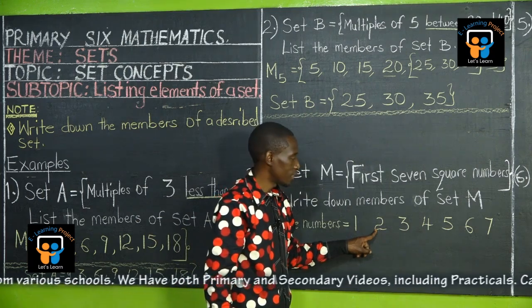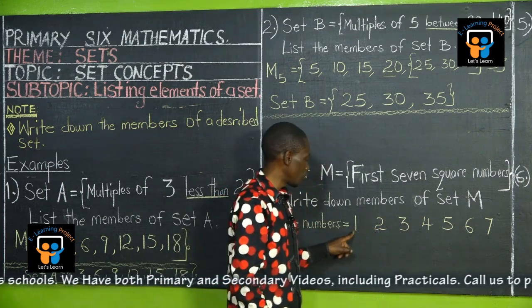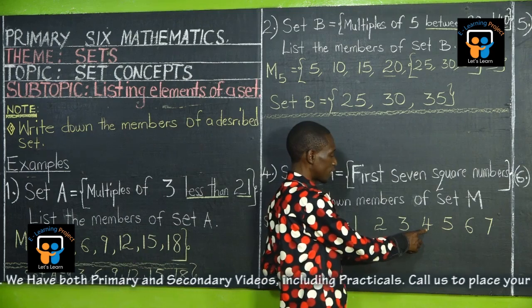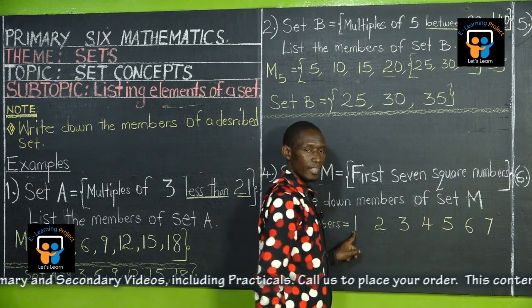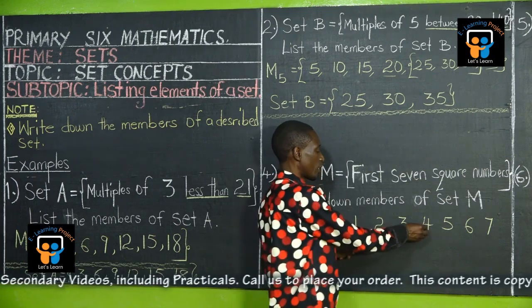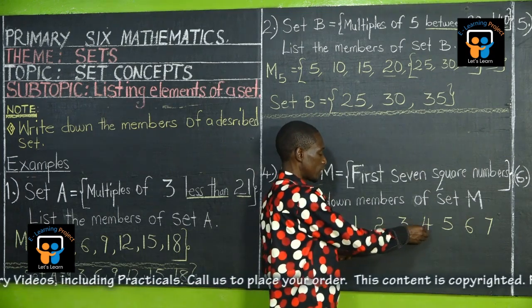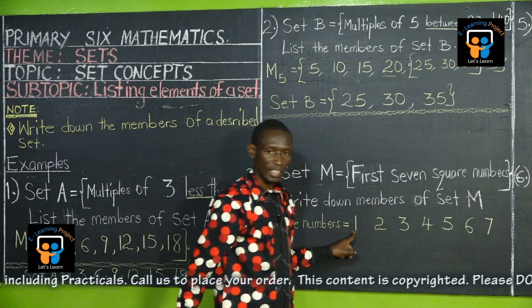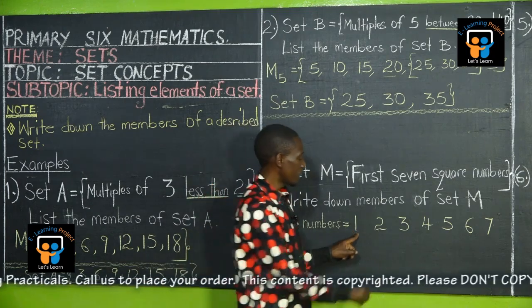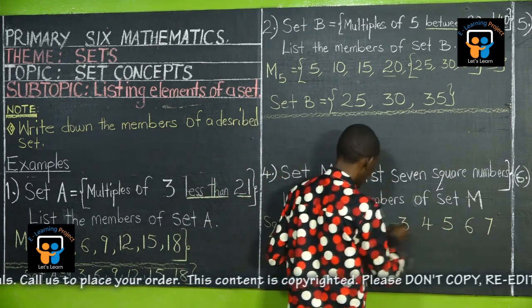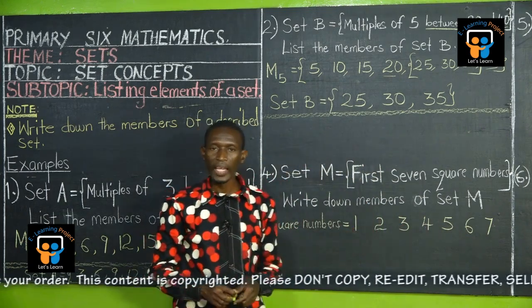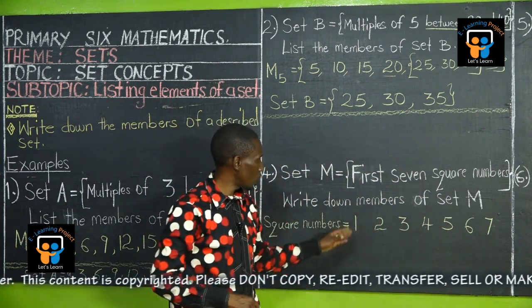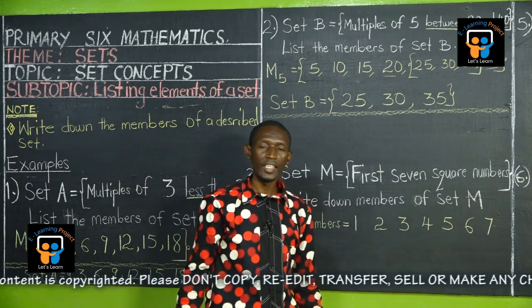Are you getting it? Now, I'm only seeing this 1 and this 4 as square numbers. How do you get this 4 as a square number? How do you get 1 as a square number? Then all of these numbers are just going to help us to get square numbers. But these ones now are counting numbers.